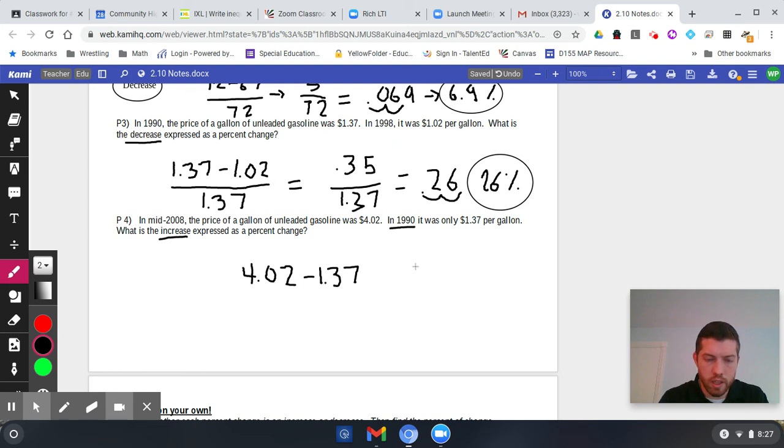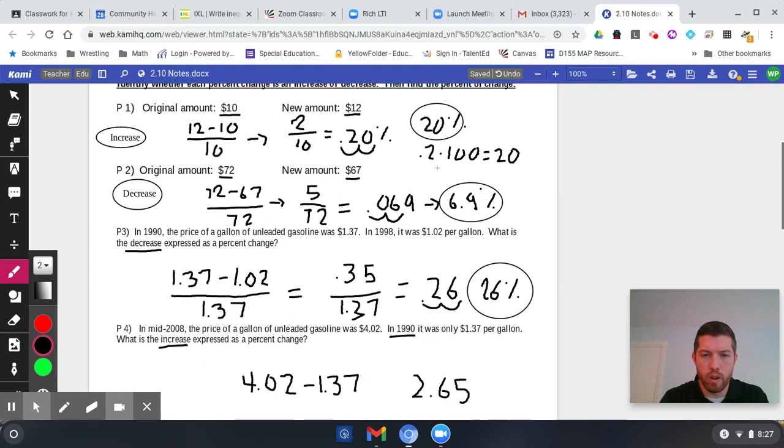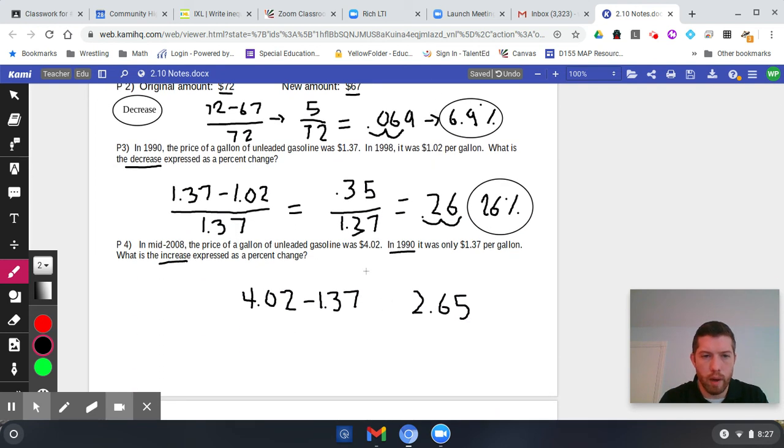Oh, that's a big one. So that's $2.65. Okay. $2.65. Now that all needs to go over the original amount. So for this one, our original amount is 2008 the original, or is 1990 the original? Well, 1990 is an earlier date. So that's going to be our original amount.